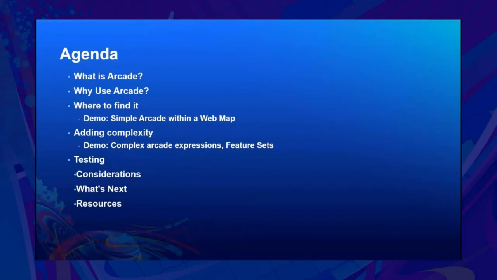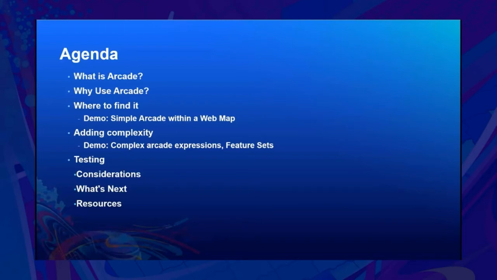Let's take a quick look at the agenda today. We'll talk really quick about Arcade and what it is. For those of you that haven't had a chance to use it yet, we're going to discuss why you might want to use Arcade, where you're going to find the ability to use Arcade, and then we're going to go through a series of demos showcasing the different areas that you can use Arcade in, and we're going to ramp up that complexity as we go along.